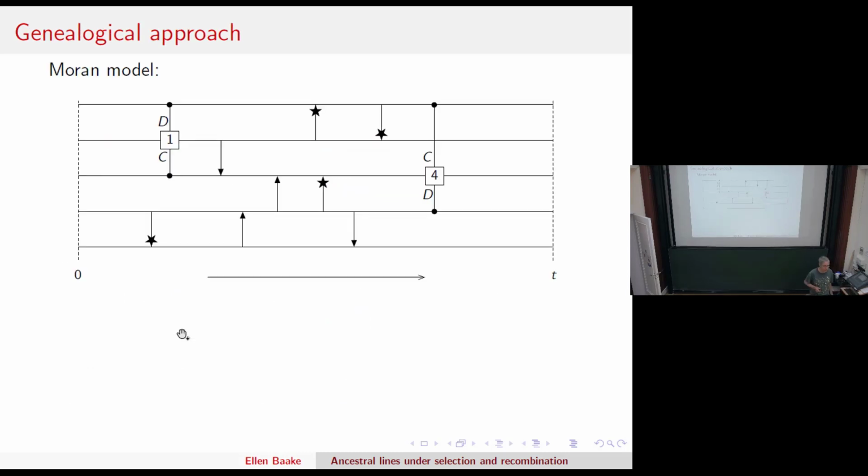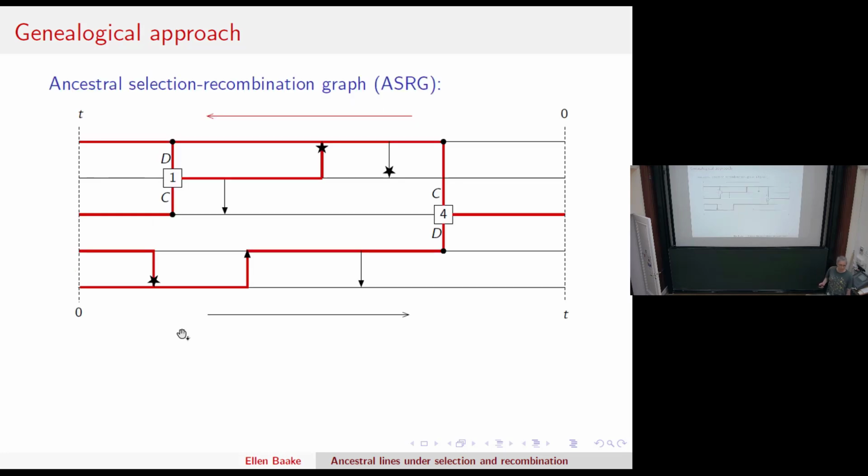We turn again to the Moran model, this time without the types. And we want to follow back the ancestral line of an individual here at time t, to which we refer as the present. And the standard tool for that is the ancestral selection-recombination graph, or ASRG for short.